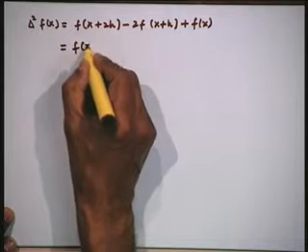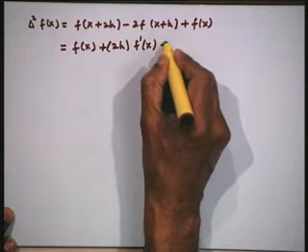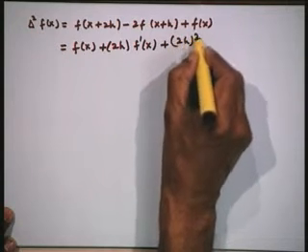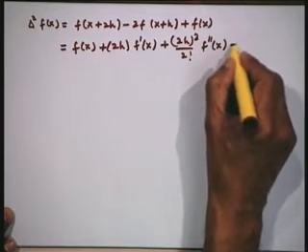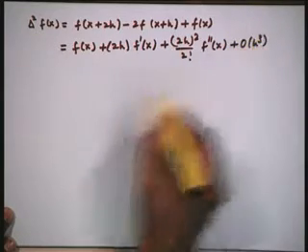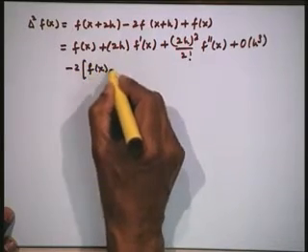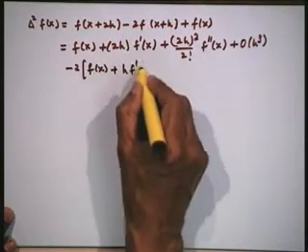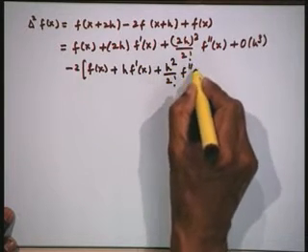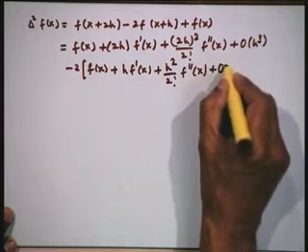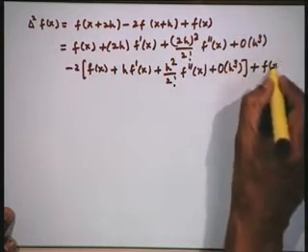So, this will give me f of x plus 2 h f dash of x plus 2 h whole squared by factorial 2 f double dash of x plus order of h cubed, minus 2 times f of x plus h f dash of x plus h squared by factorial 2 f double dash of x plus order of h cubed, and the last term stays as it is, plus f x.